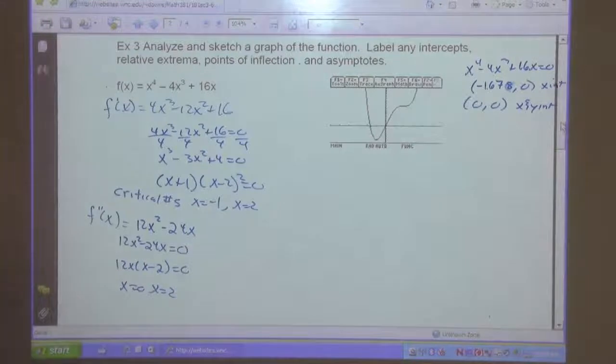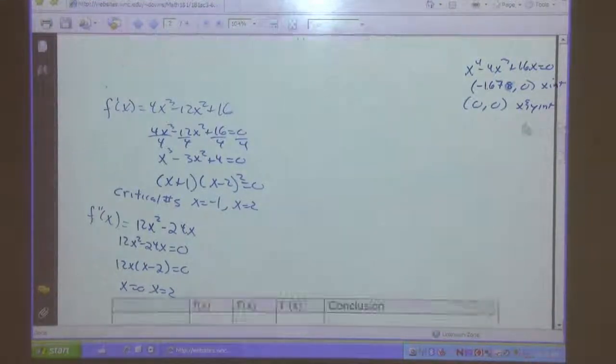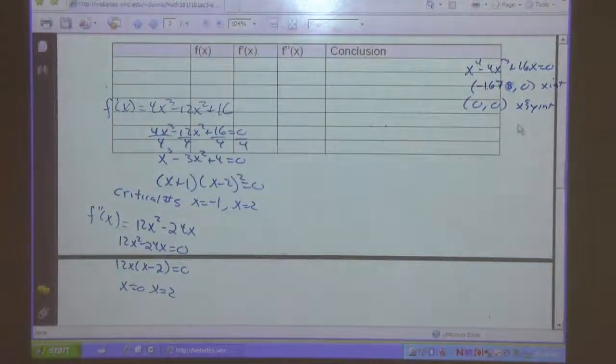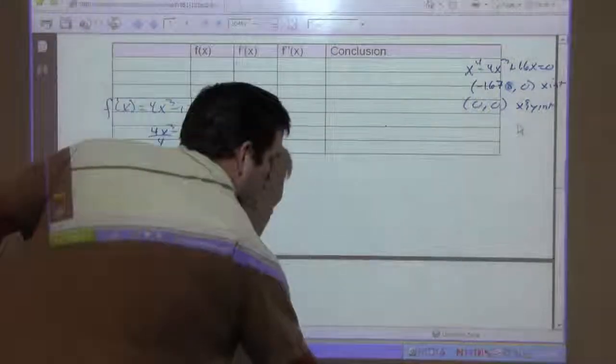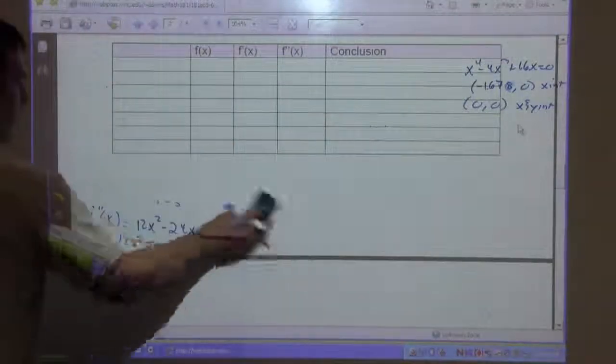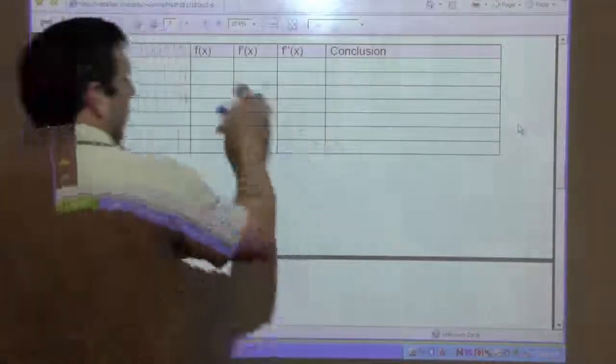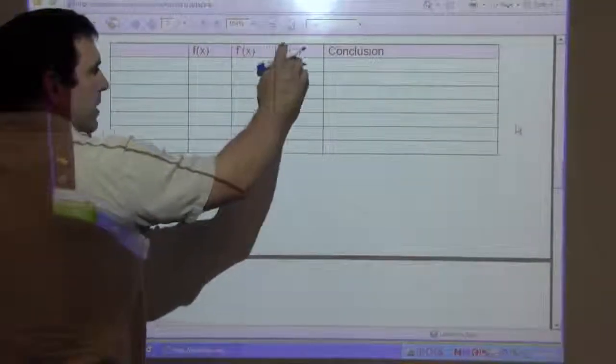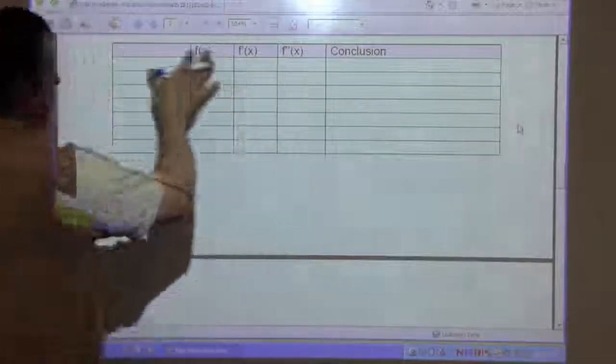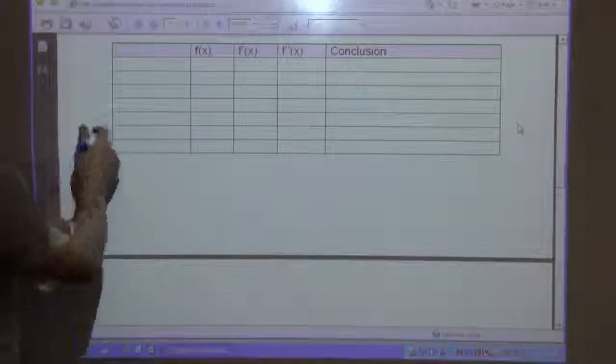So given that visual inspection, we'll see what happens. Let's look at this chart down below that we're going to be completing. I've changed the format of our chart a little bit so we have the original function, first and second derivative, and a conclusion. And we're going to have our intervals over here.